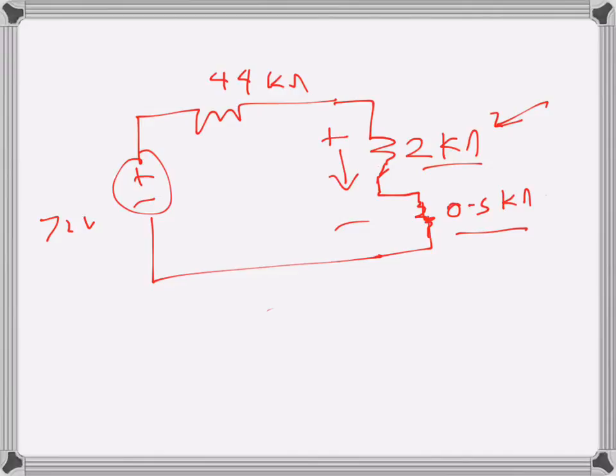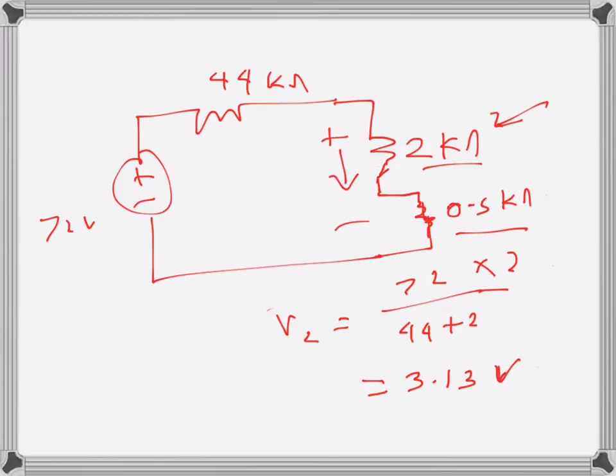So the voltage across the 2 kilo ohms resistance will be V2, 72 divided by 44 plus 2 times 2. So that will be 3.13 volts.